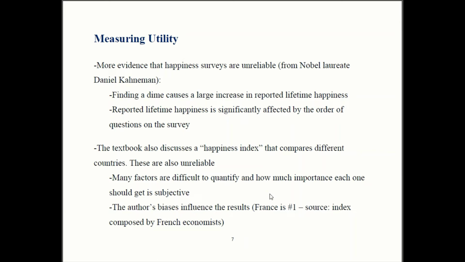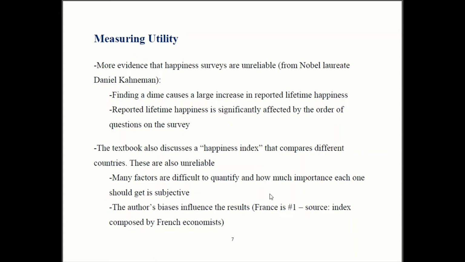And also the author who is putting together this index has their own biases that come with them, and that's going to influence the results. So, big surprise, if you ask French economists which country is #1 in the world, they're going to say France.